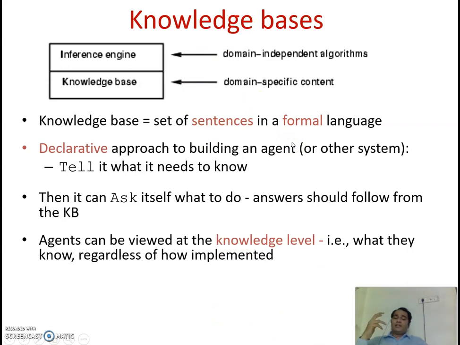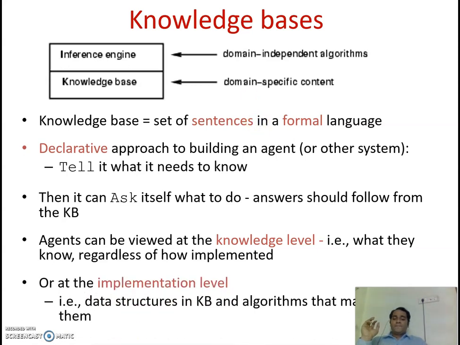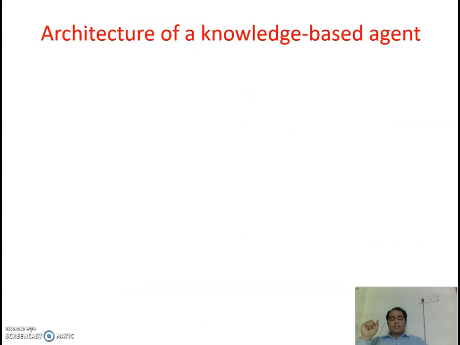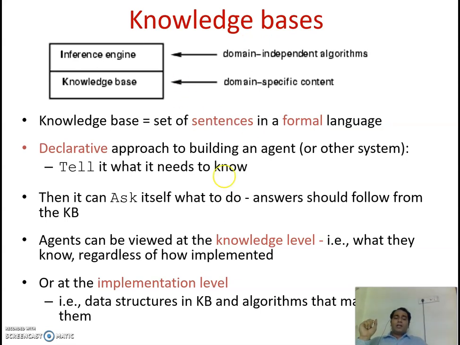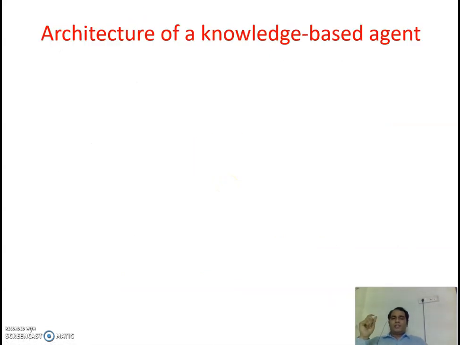Agents can be viewed at the knowledge level, that is what they know, regardless of how implemented. At the implementation level, the data structures of the knowledge base and algorithms that manipulate them need to be understood. So the architecture of a knowledge based agent can be viewed in three ways.